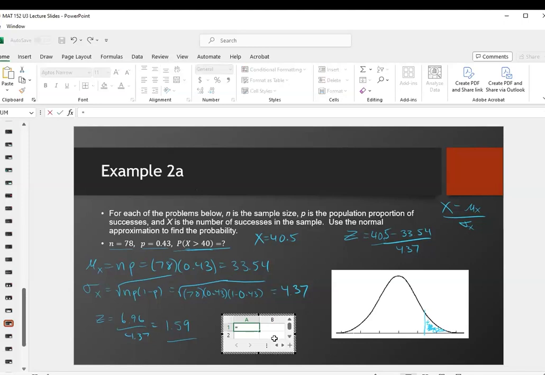So we type equals 1 minus NORM.S.DIST, and then type in our z-value, which is 1.59. This will give us the area to the right, the area greater than 40, which is 0.0559.